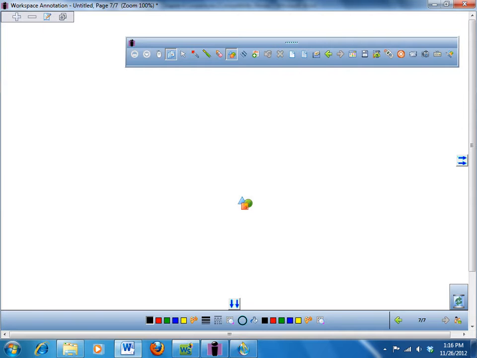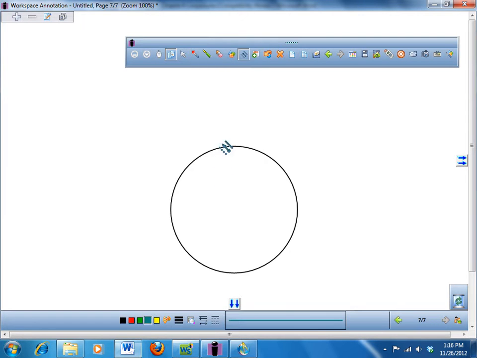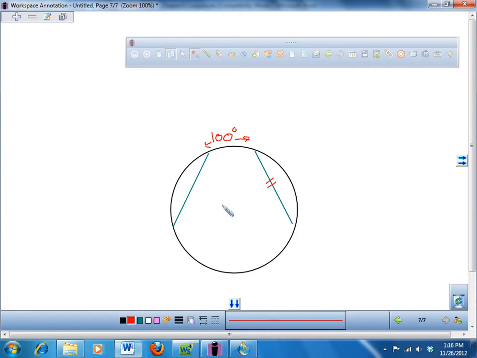Say I have something that looks like a circle, and then I have a chord over here and a chord over here, and this arc is 100 degrees from here to here. Then all I tell you is that this is congruent to this.